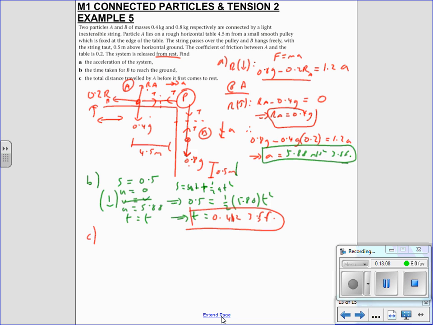So when B hits the ground, what's the speed, in other words? We can use our old suvat table here, except we're looking for v equals u plus at. We could do it that way, but I don't want to use the t answer because that could be wrong. So you don't want to compound your errors.